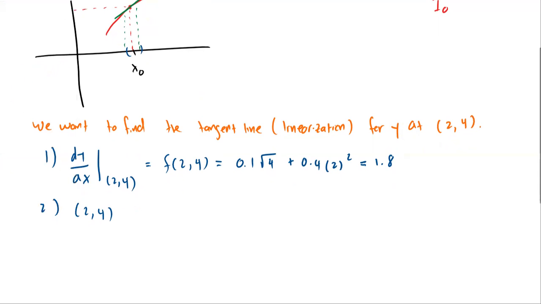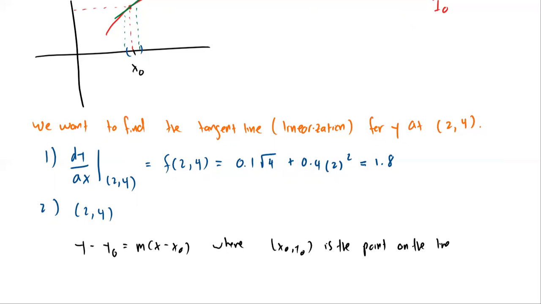So what's the point slope formula? It's y minus y naught equals m times x minus x naught, where x naught, y naught is the point on the line, and m is the slope.